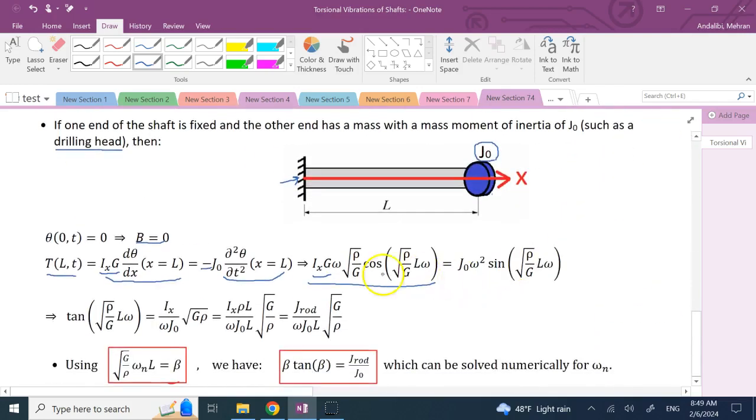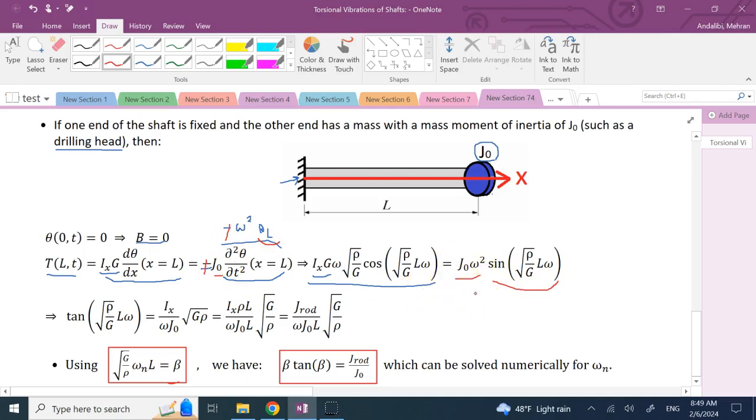This one is going to be negative of omega squared times theta, of course the theta at L. Then this negative and that negative would cancel each other, and theta at L is this sine function, and this J naught omega squared is here.